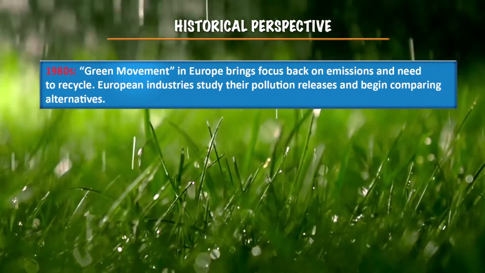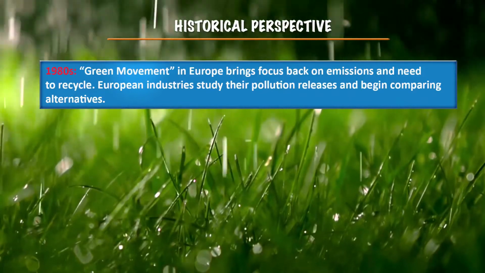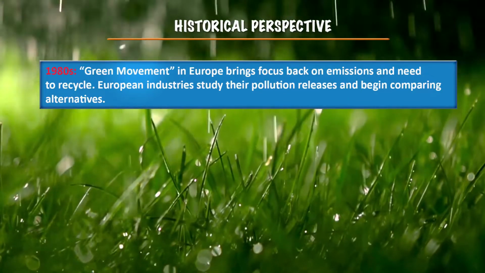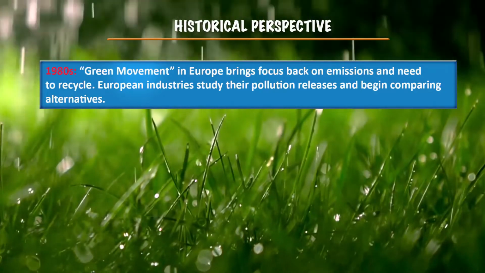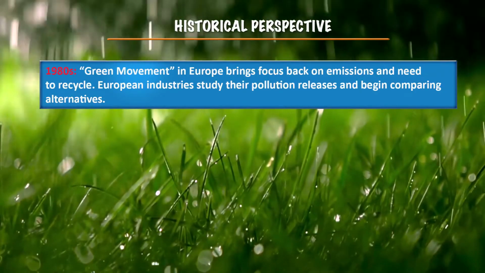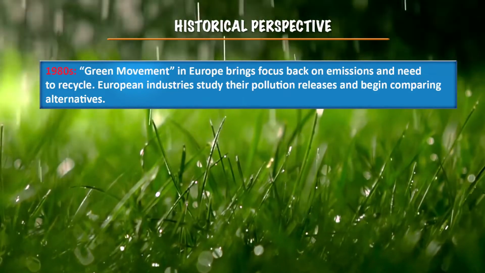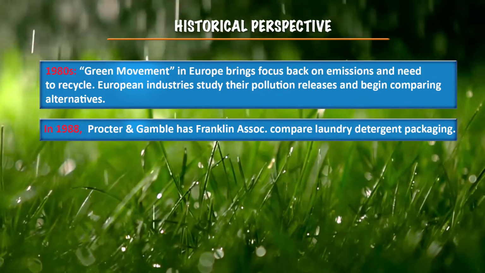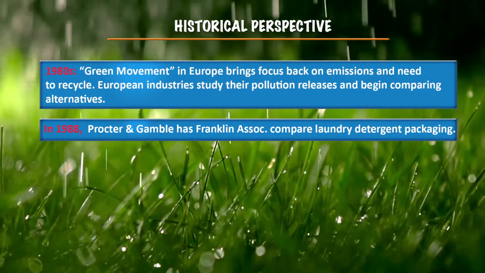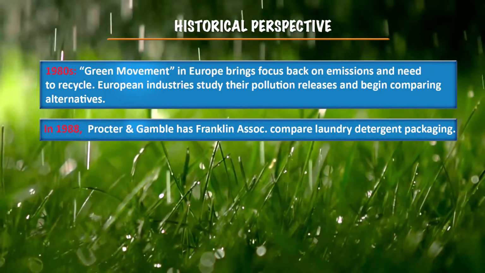In the 1980s, the green movement in Europe brought focus back on emissions and the need to recycle. European industries also studied their pollution releases and began comparing alternative methods. Then Procter and Gamble, with the Franklin Association, compared laundry detergent packaging.